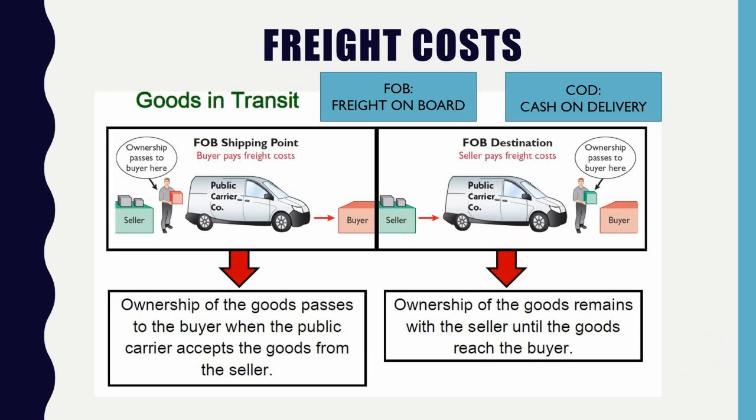In this case, you, as the buyer, are responsible to pay the shipping from the seller's store to the midway point. Once it leaves the midway point and makes it to your store, the seller is responsible for paying the shipping from the midpoint all the way to the buyer's store.